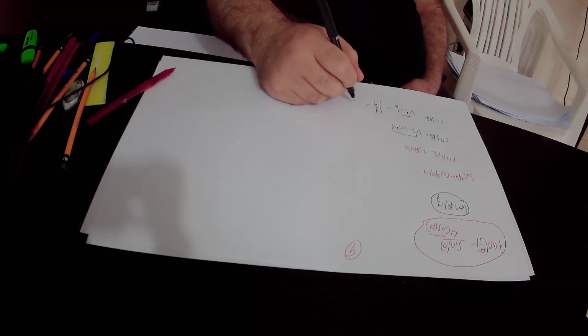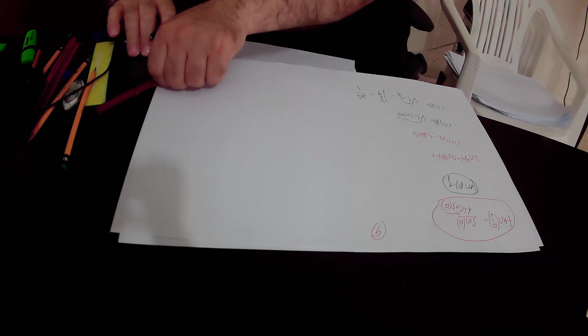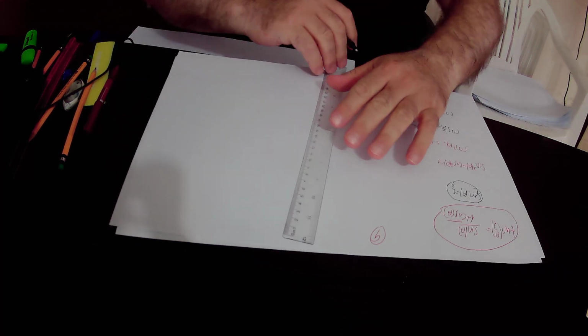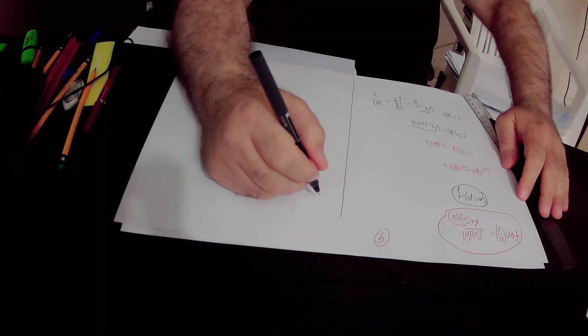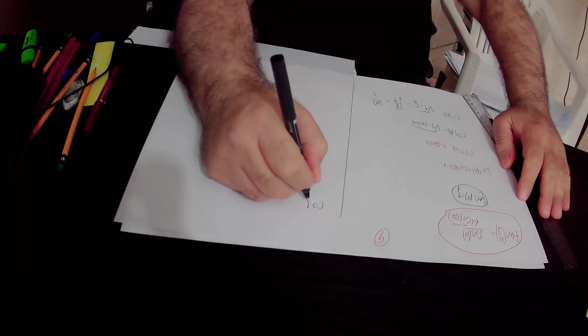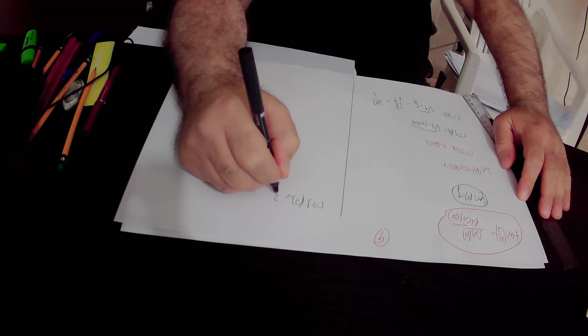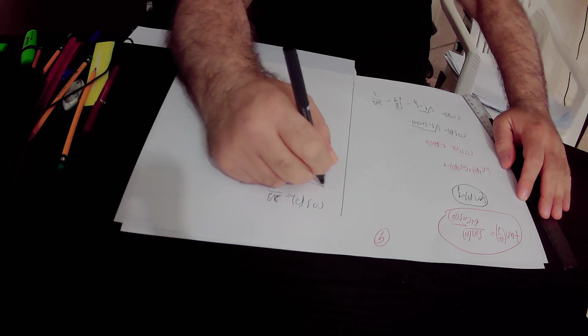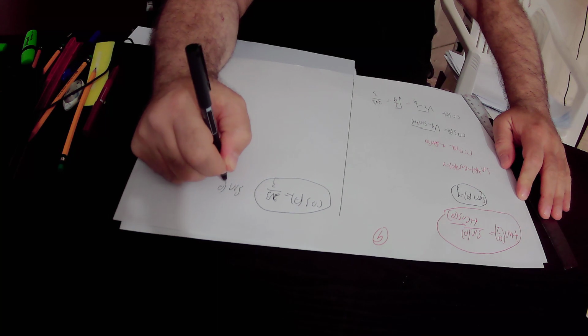And the square root of 8 is 2 times square root of 2, and the square root of 9 is 3. So in conclusion, we found out that cosine theta is equal to 2 times square root of 2 over 3, and we already found out that sine theta is equal to 1 over 3.